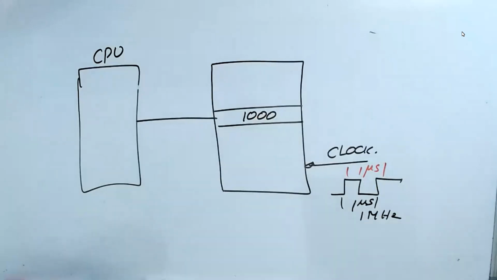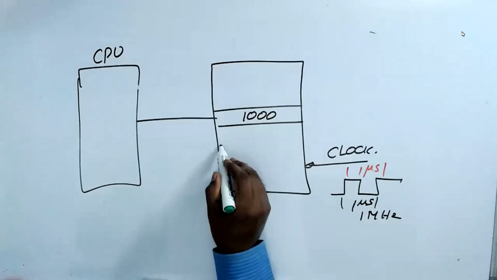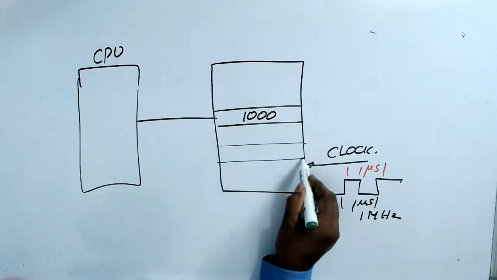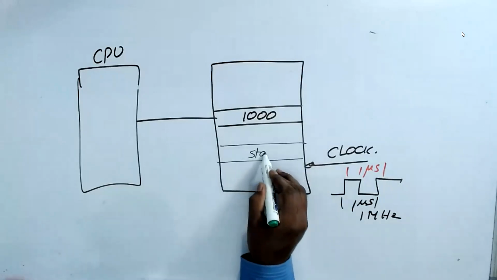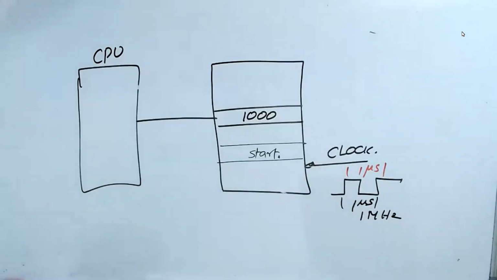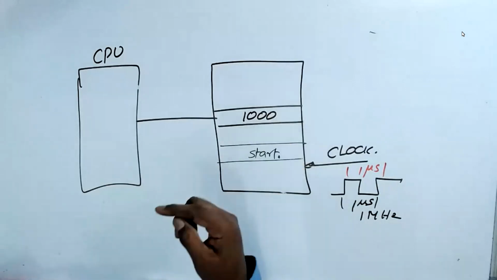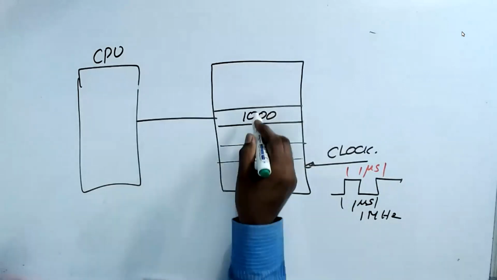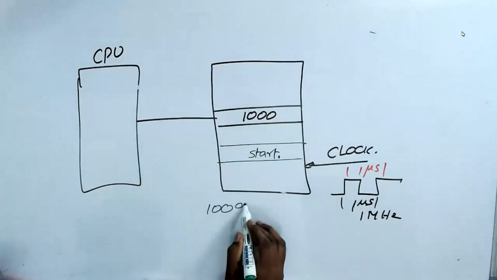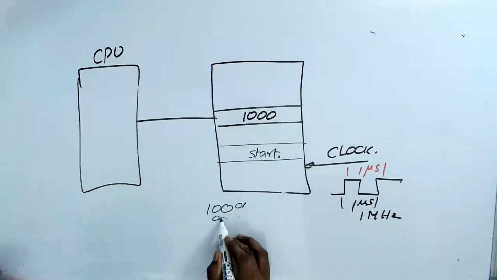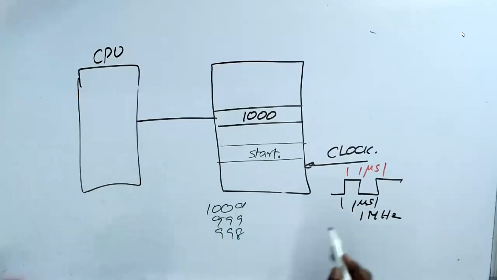Now I set one more bit called start. When I say start, the timer will start decrementing the 1000 based on the clock.